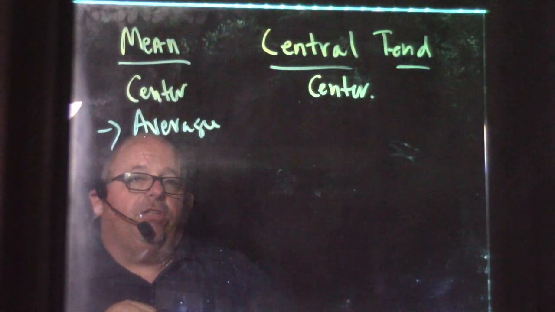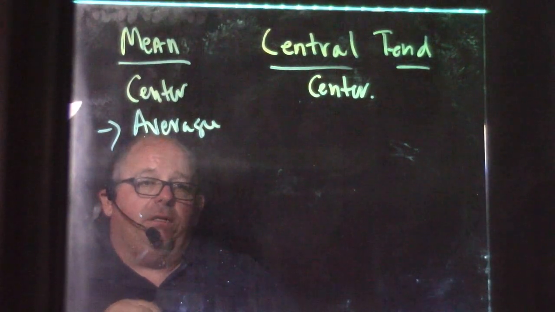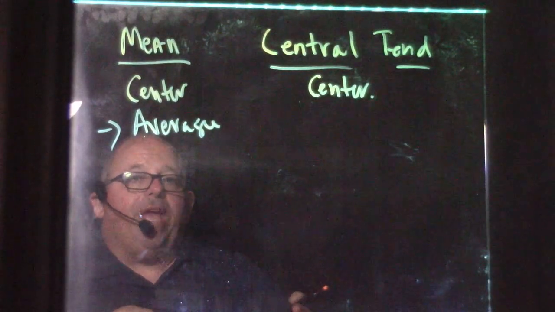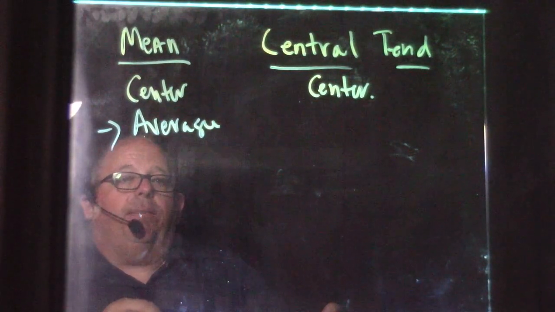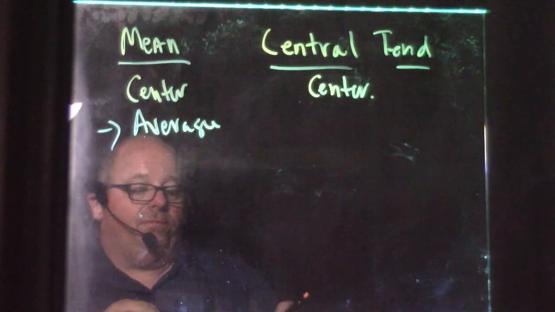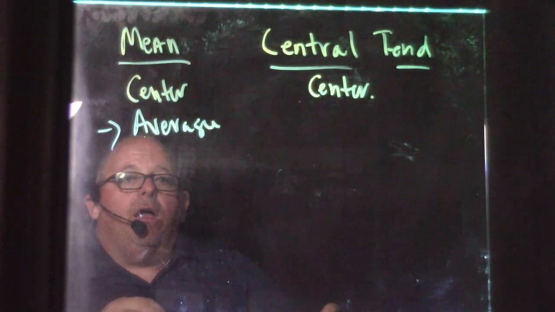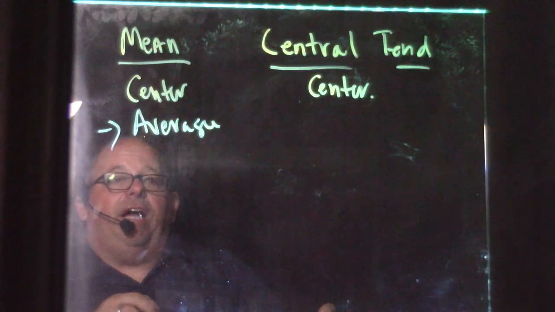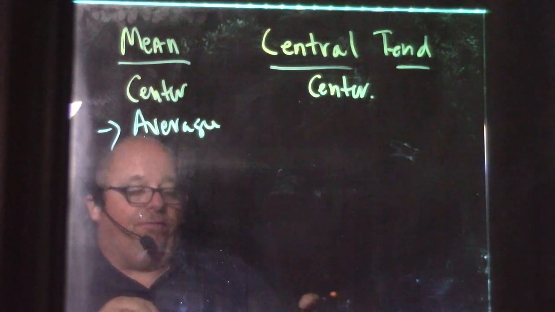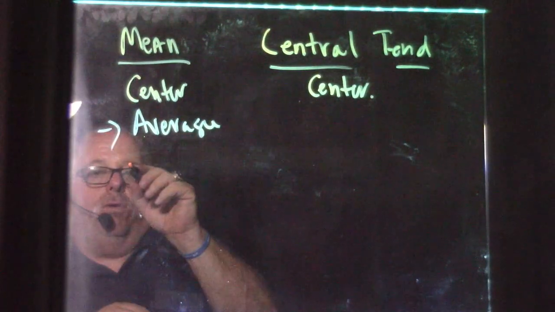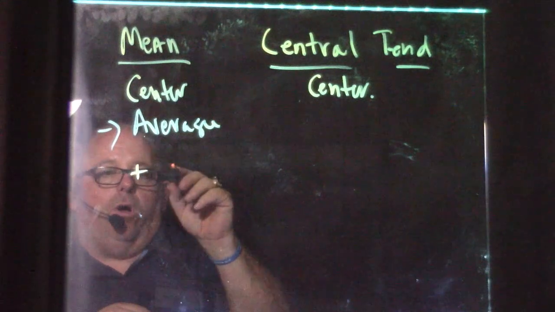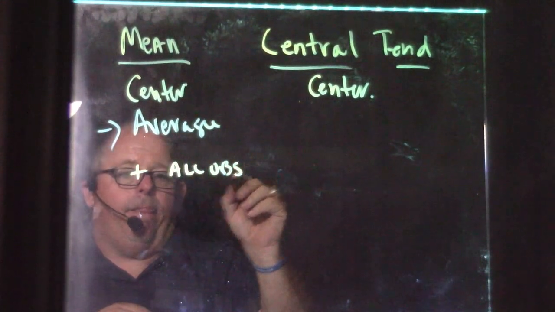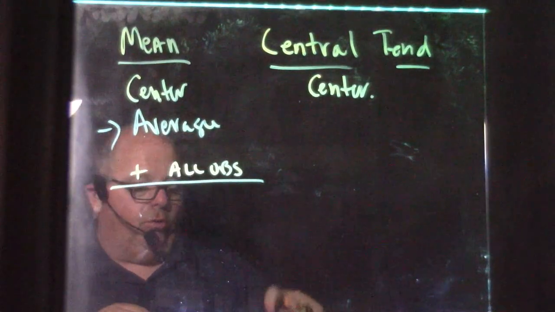In this case, for the mean, you calculate the mean by adding up all the observations and then dividing by the total number of observations. You add up all the observations and you divide it by the total number.